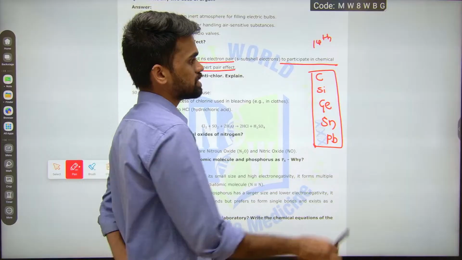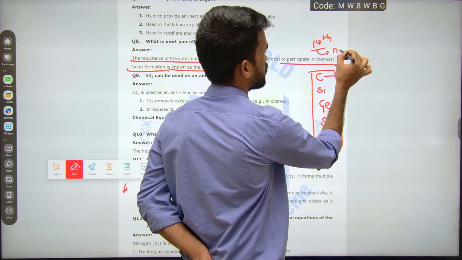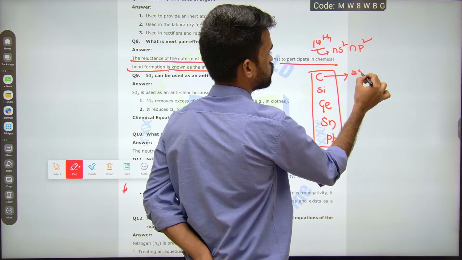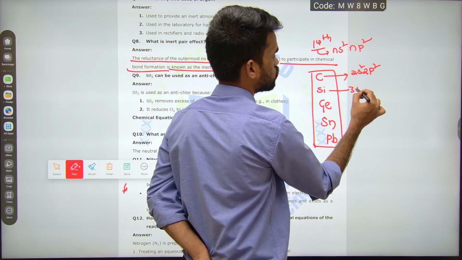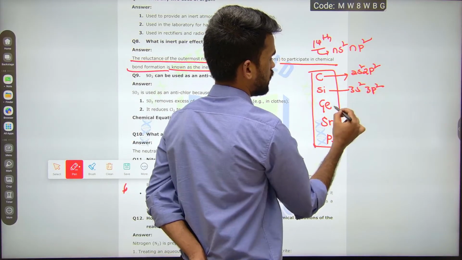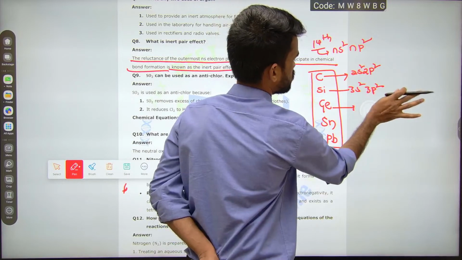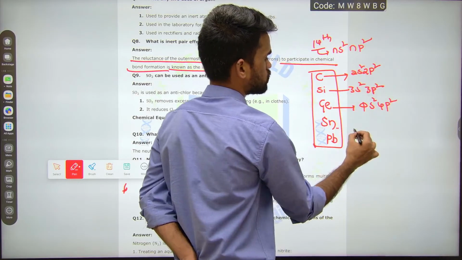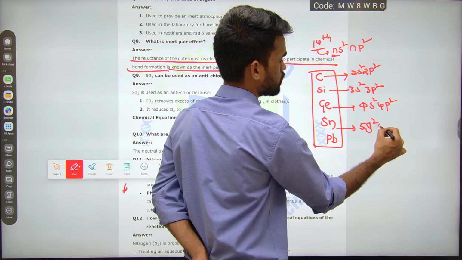What is the electronic configuration for the 14th group? The general electronic configuration is ns2 np2. So this is 2s2 2p2, but if you go here, it is 3s2 3p2, and here 4s2 4p2. Like this, the n value is getting raised as we go down the group.